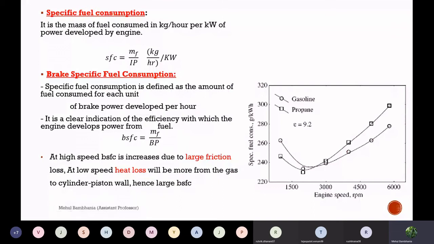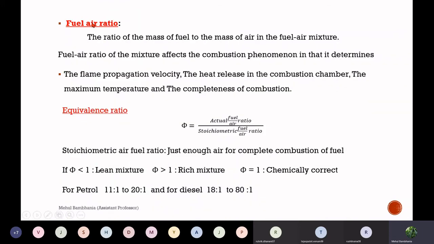And to overcome that friction and to provide cooling, you should supply more coolant, and it ultimately ends up as heat loss. So ultimately we are suffering a huge amount of heat loss, and it will reduce our fuel economy. So this is how the fuel economy behaves with respect to RPM.